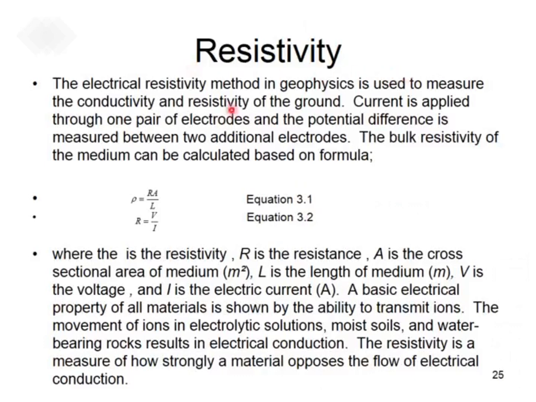Resistivity is based on an electrical method, so it can be used to measure conductivity and resistivity of the ground. Conductivity means it allows the flow of electrical current. Meanwhile, resistivity means electrical resistance, it resists the electrical current.